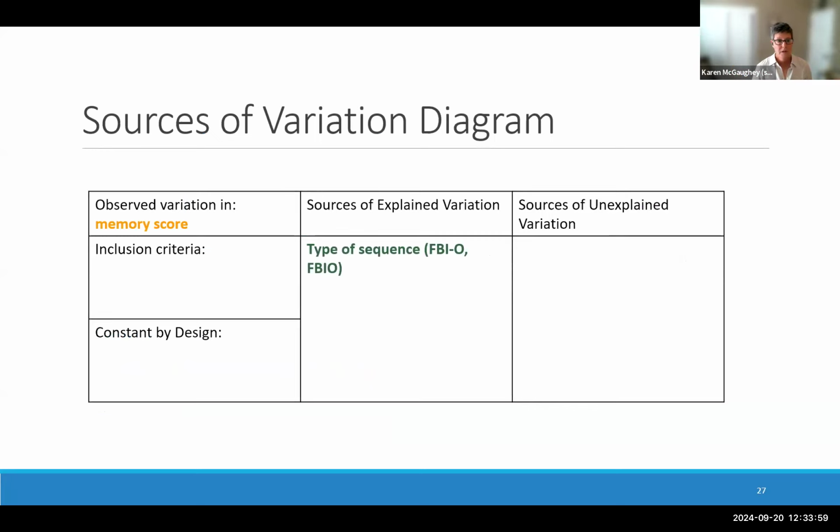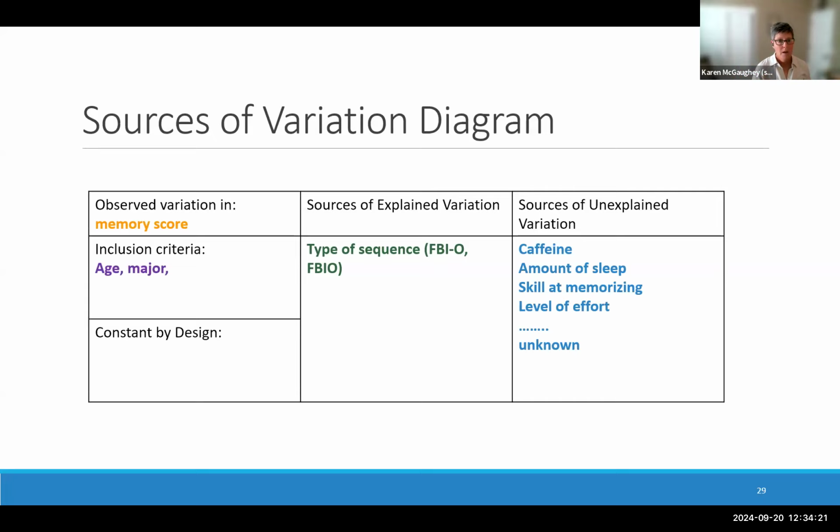The goal of the study here really is to investigate how the type of sequence affects memory score. So we're going to call that a source of explained variation.